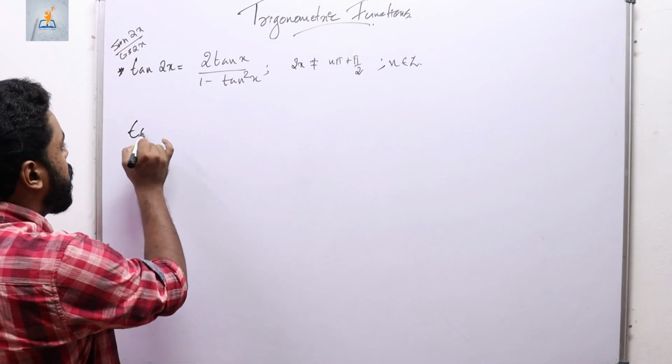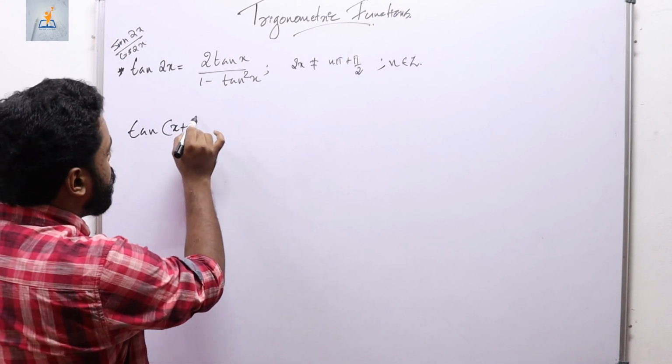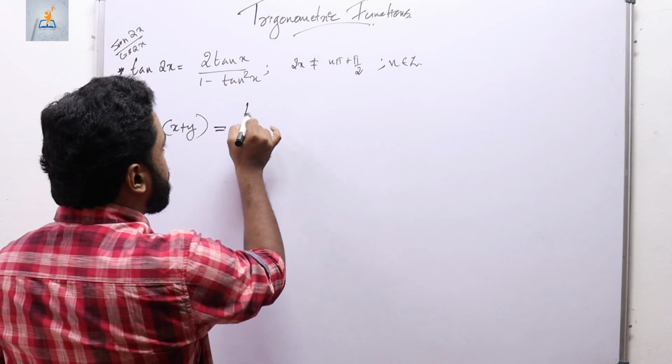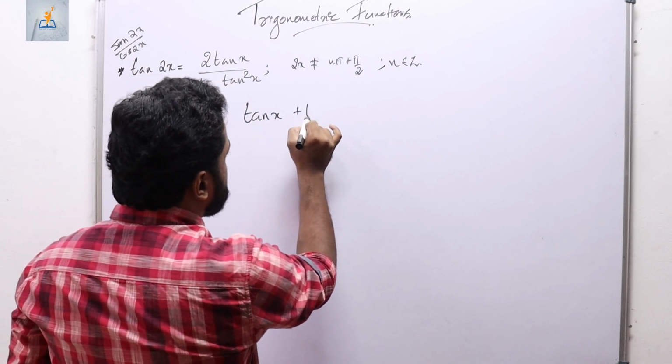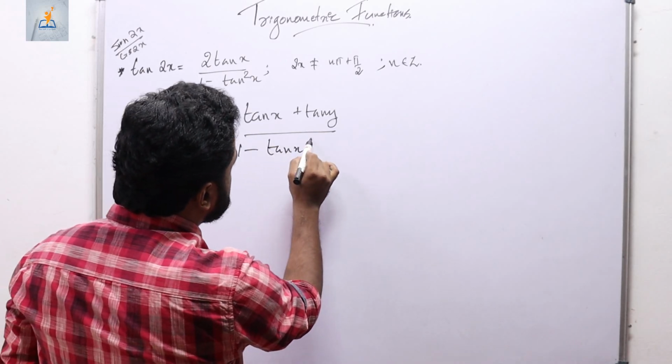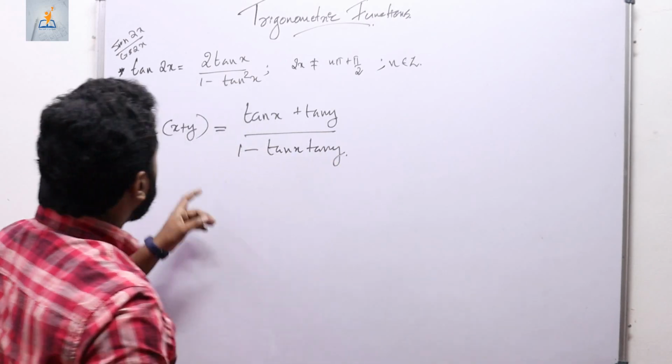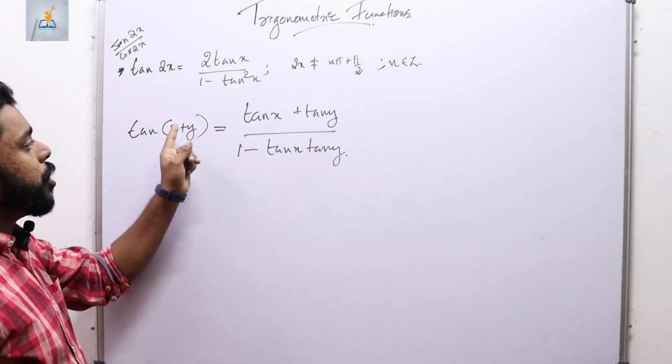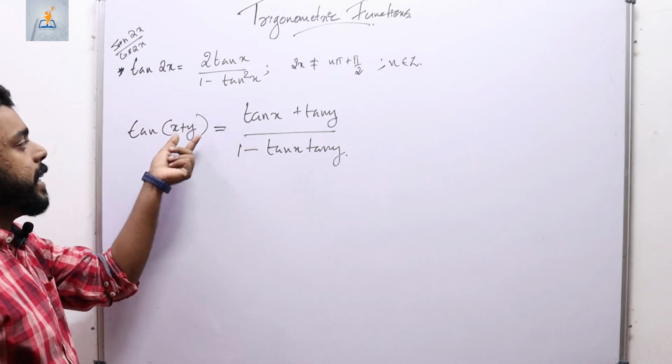We know tan x plus y. What is the formula for tan x plus y? It is nothing but tan x plus tan y divided by 1 minus tan x tan y, isn't it? Now instead of y, I am going to substitute x in order to get tan 2x.